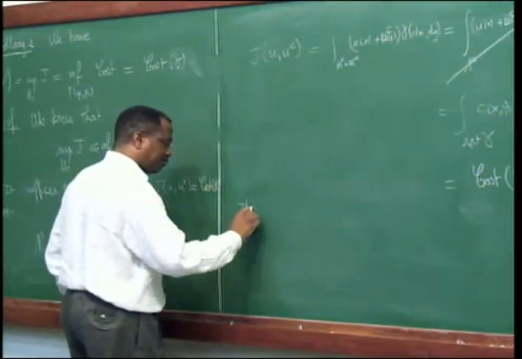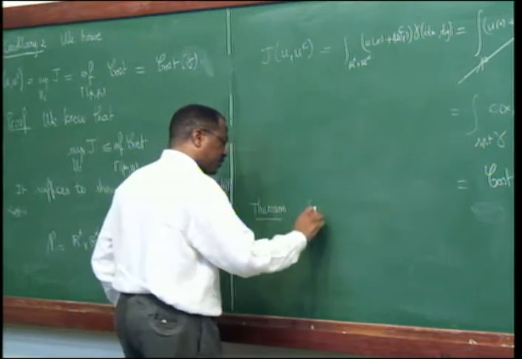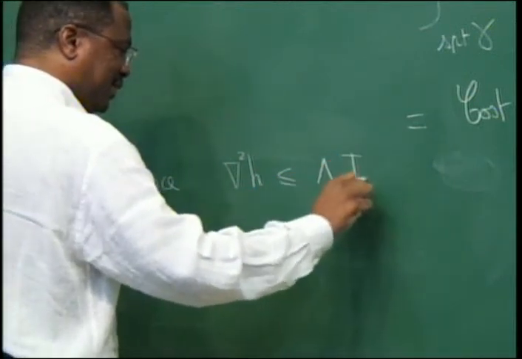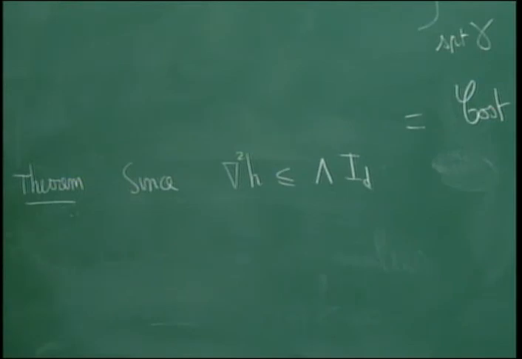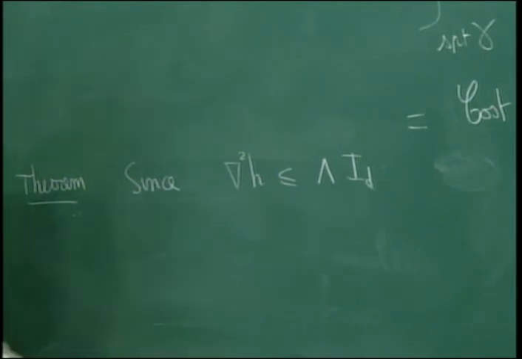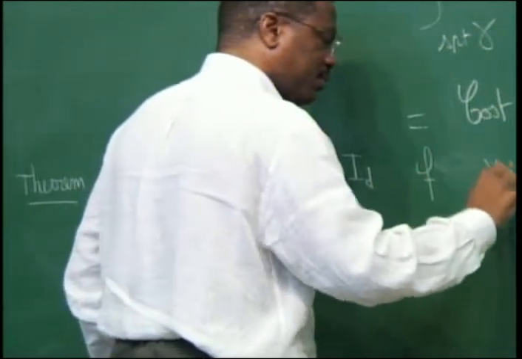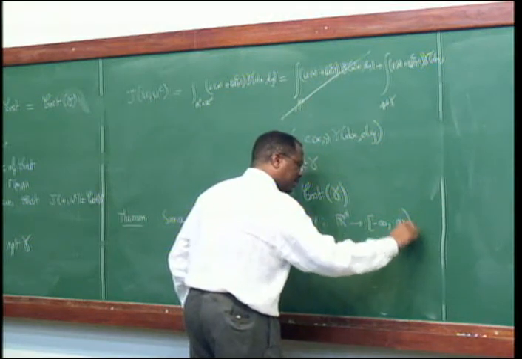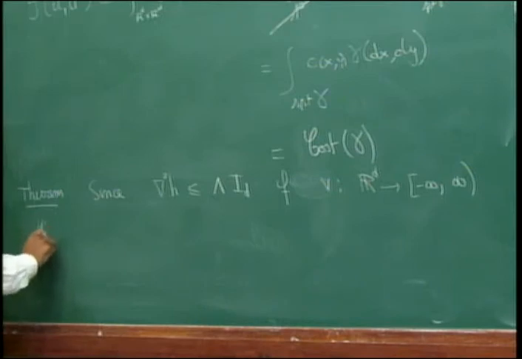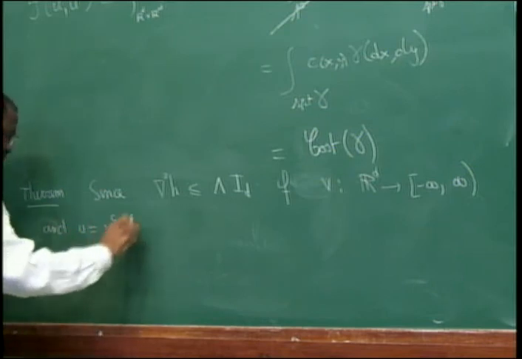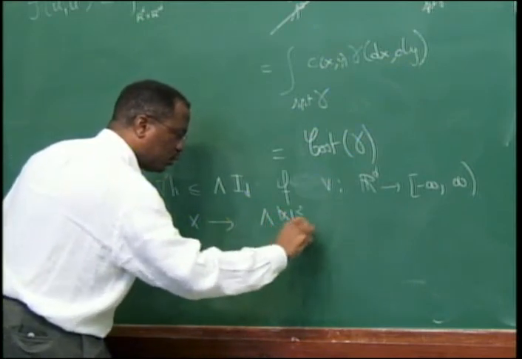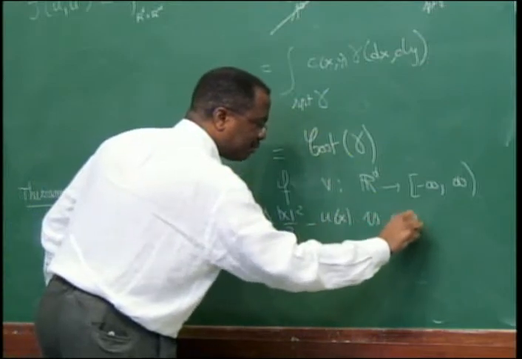So theorem. Since the second derivative of h is less than lambda identity, if v is from R^d to negative infinity, and u is v^c, then the function x goes to lambda |x|^2 over 2 minus u of x is convex.